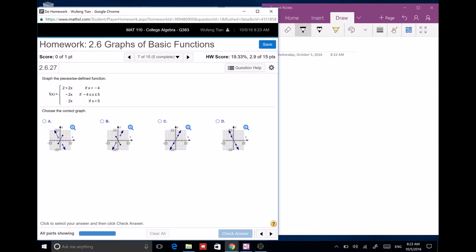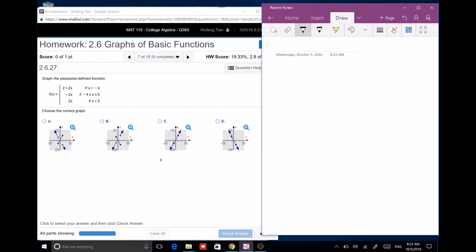Okay, so number 7, graph the function. For x less than -4, y equals 2 plus 2x, which is a linear function. Go to -4, so -4 is right here. -4 gives -6, so it's here. Like this.